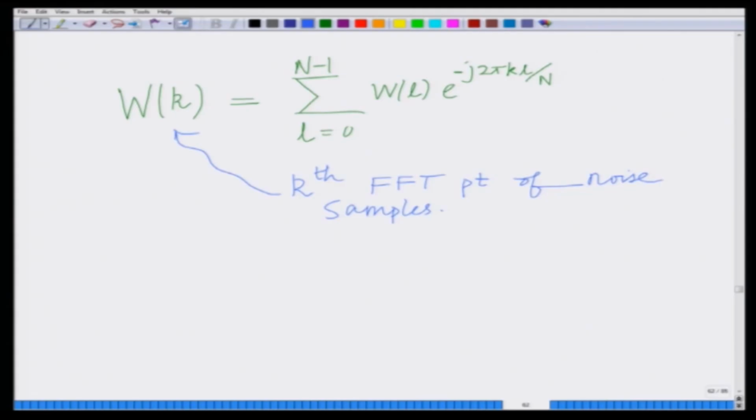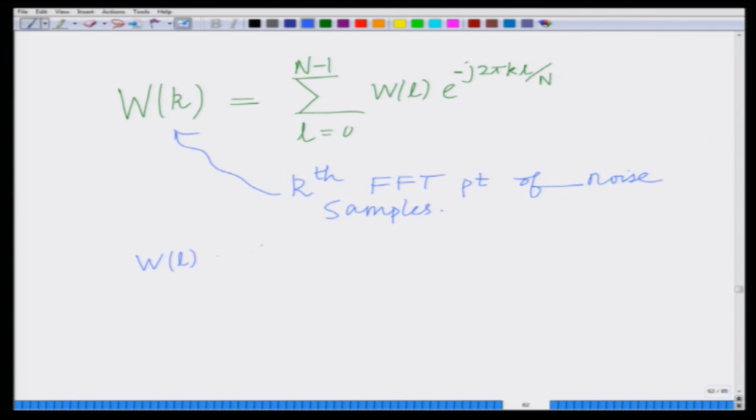The expected value of wL times wL tilde conjugate, that is the correlation between noise samples L and L tilde, is 0 because these noise samples are independent.